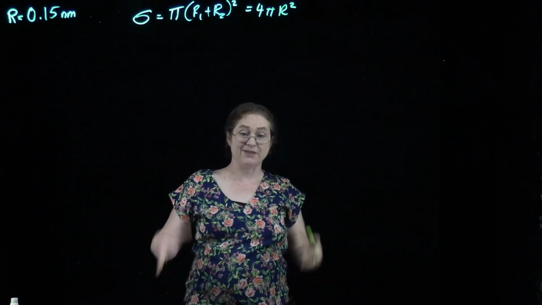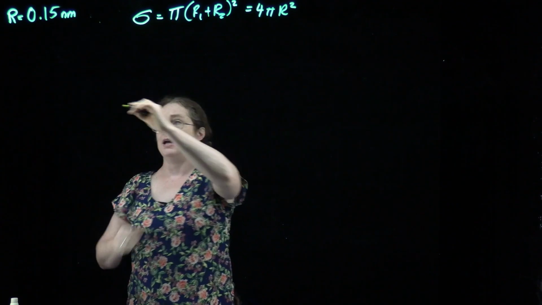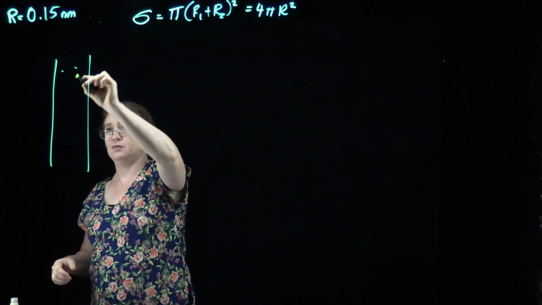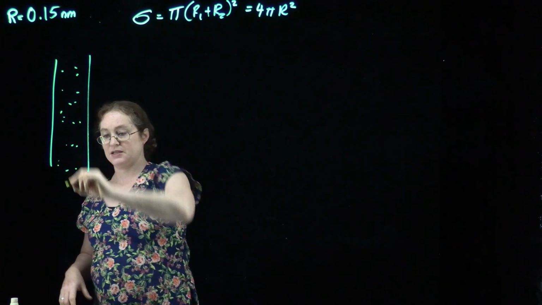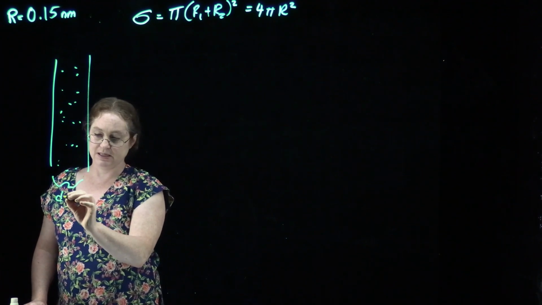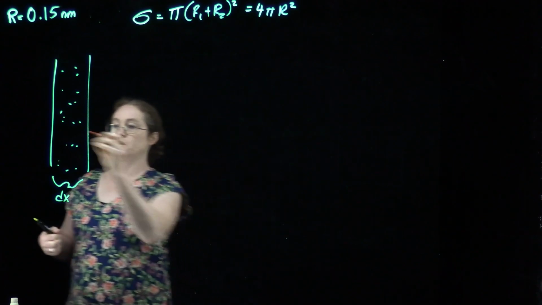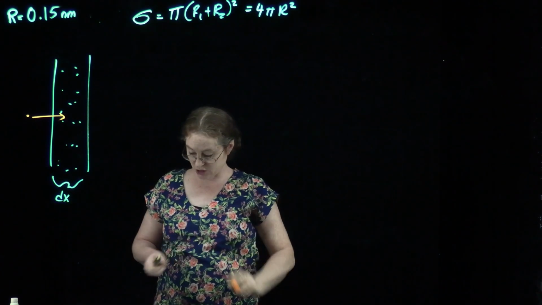And then if we have a thin slice of gas, we're going to imagine that we have some gas here. It has a width dx, and we are shooting our one molecule of gas through this target.